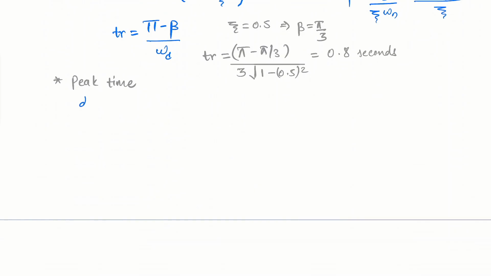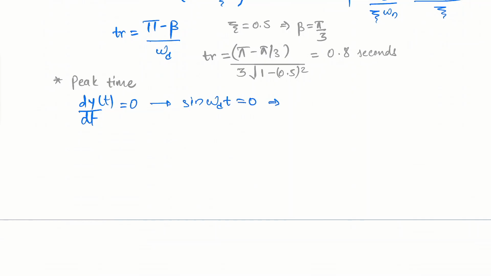So if we do dy by dt and set it to 0, we will end up getting a condition as sine of omega d t is equal to 0.